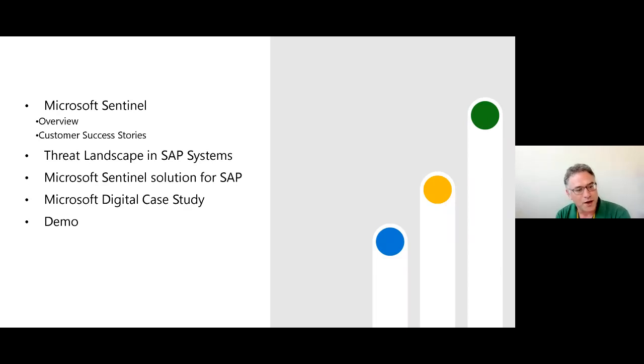A little bit of the customer success stories for Sentinel that were recently published, and then a deep dive into the threat landscape of SAP system security, the security challenges with SAP systems. We'll talk about the solution and what we offer in order to deal with those challenges, and go over the implementation of the solution within Microsoft's own environment for Microsoft Digital, and end up with an elaborate demo of our recent capabilities and what the product can do for you hands-on.